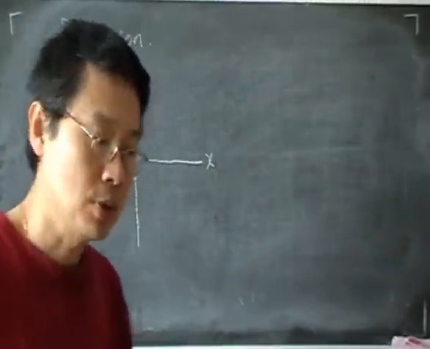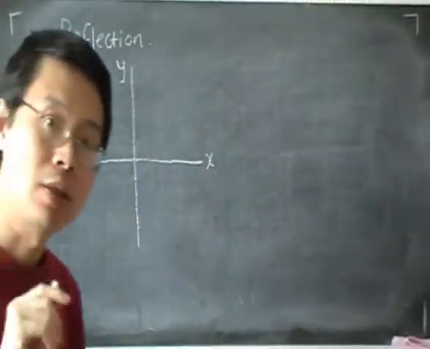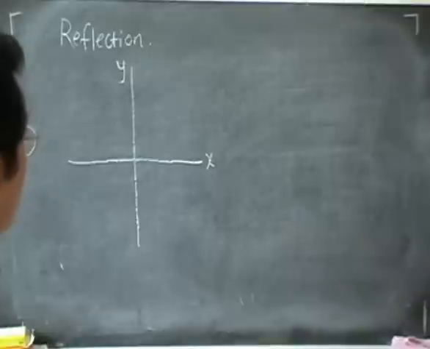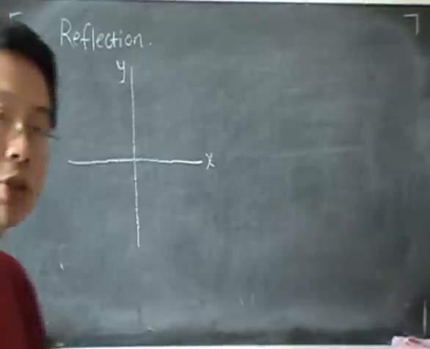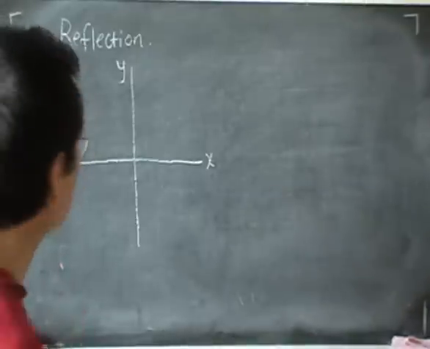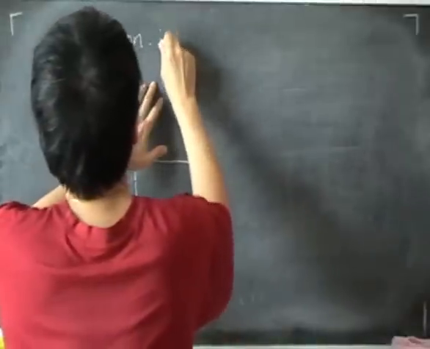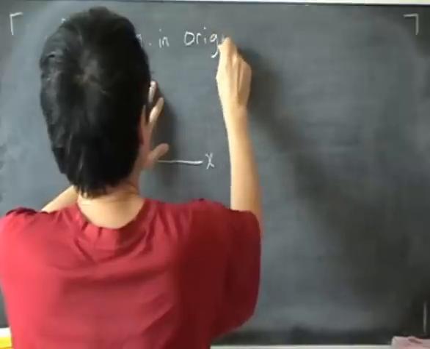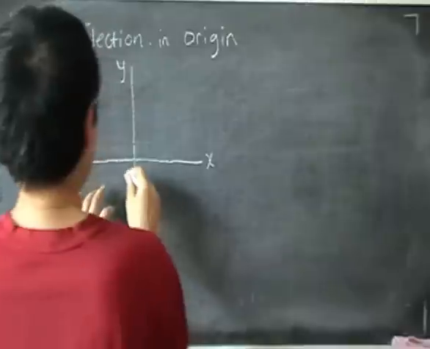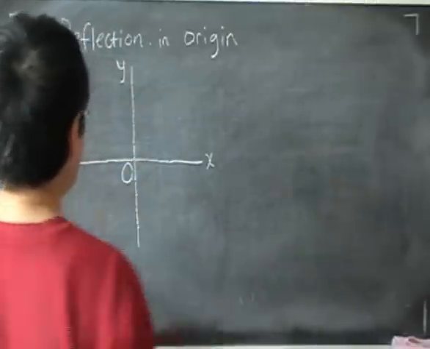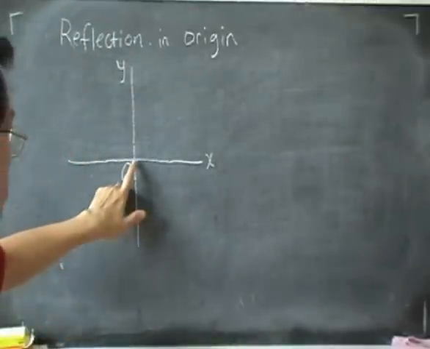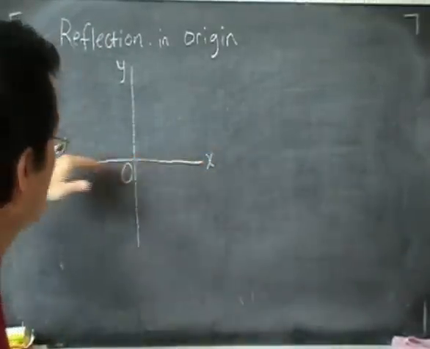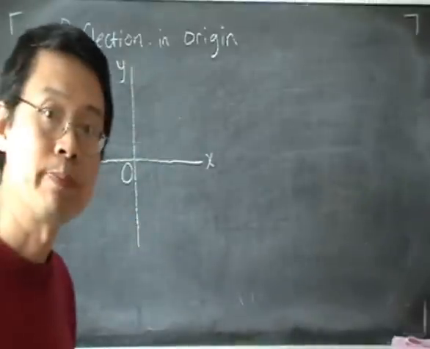So next we are going to look at something a little bit more tricky. We are going to look at reflection in the origin. Now the origin is this point where the two axes cross.